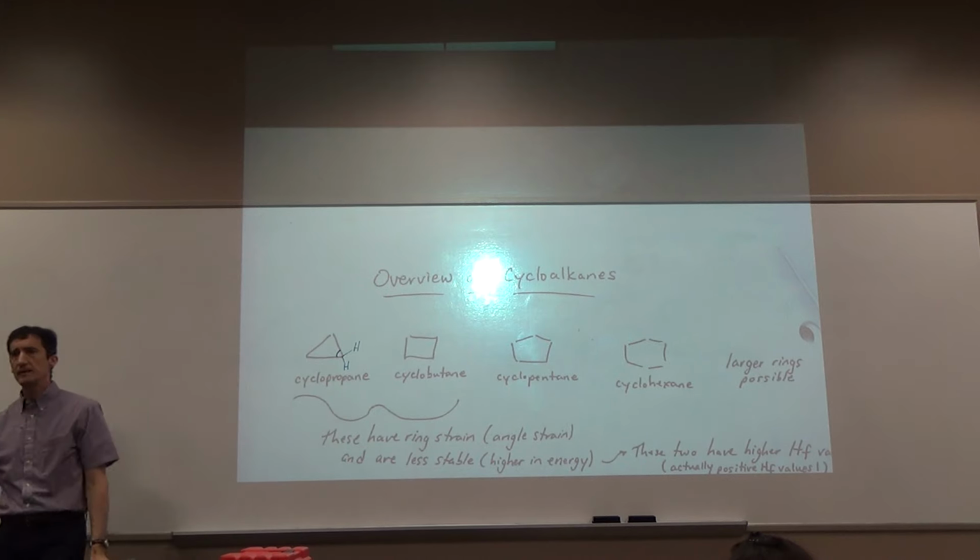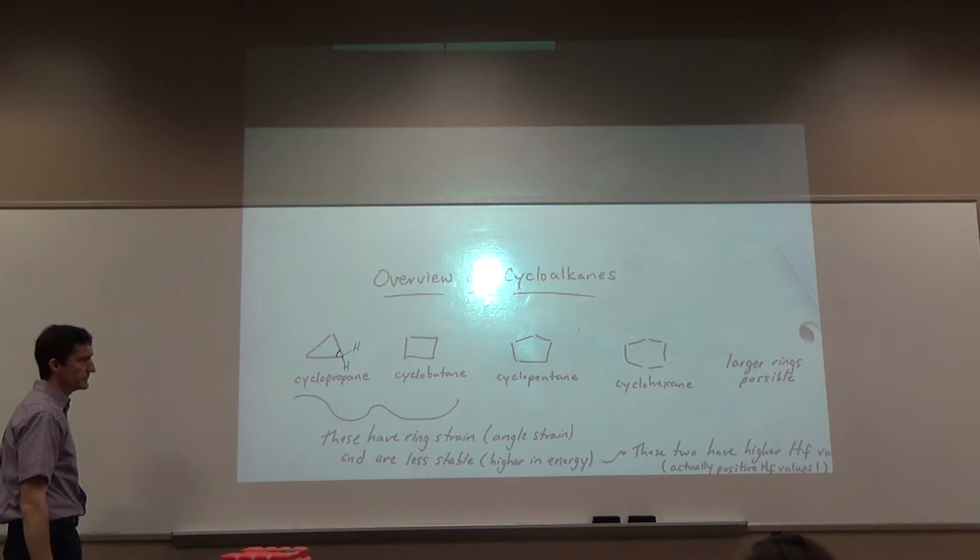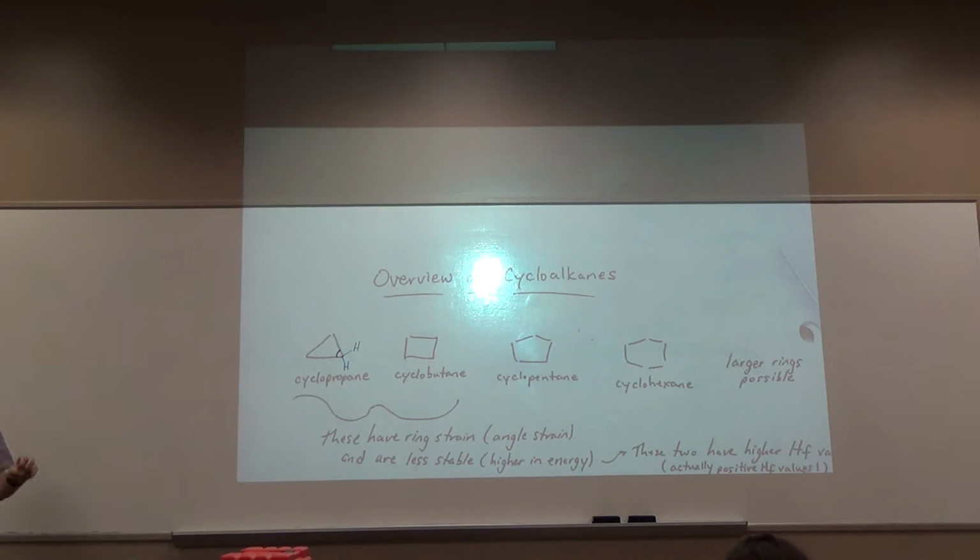Carbon is supposed to be sp3, which is 109.5, but we got it at 60. That produces a lot of strain on the molecule. Strain is a very generic term. Basically, the electrons are being forced together in the bonds. We call that angle strain.